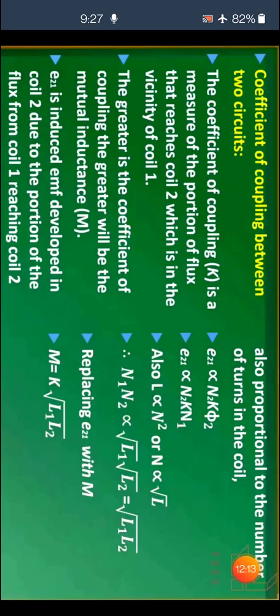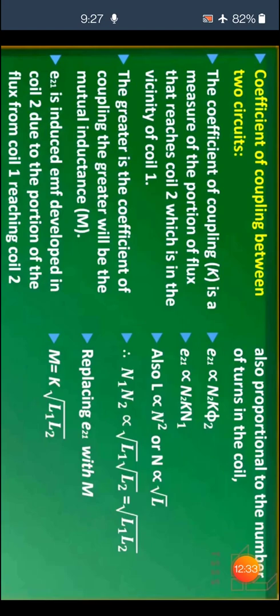E21 is directly proportional to N2 K phi 1, but we know phi 1 is directly proportional to N1, then E21 is directly proportional to N2 K N1.